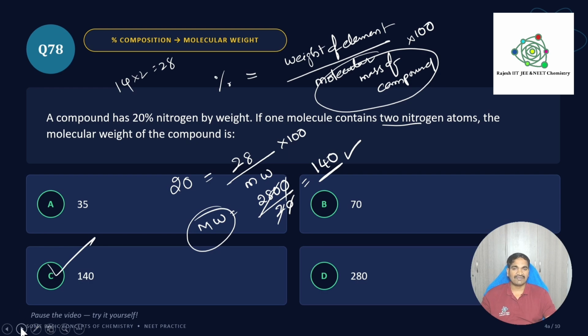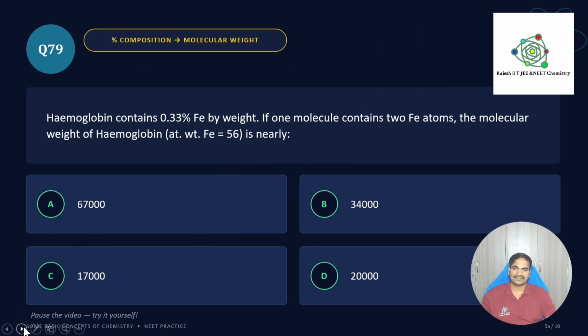The similar model we try with one more question. See this. Same formula you can use. Hemoglobin contains 0.33% of Fe by weight. If one molecule contains 2 Fe atoms, they are asking for the molecular weight of the hemoglobin. Very simple, same method.